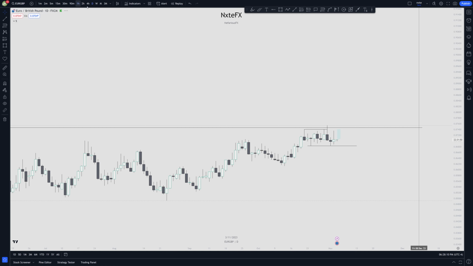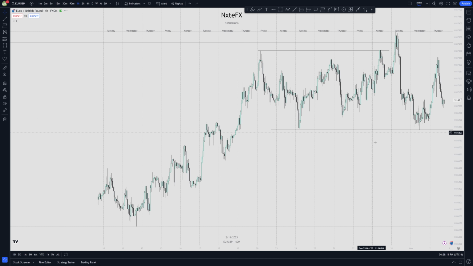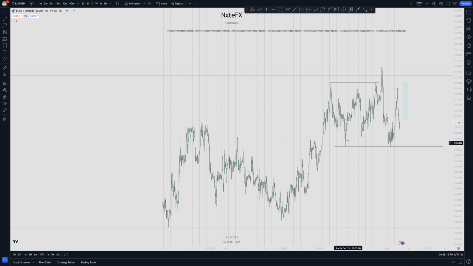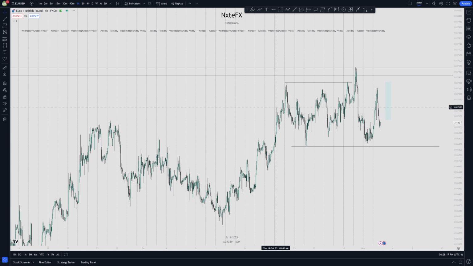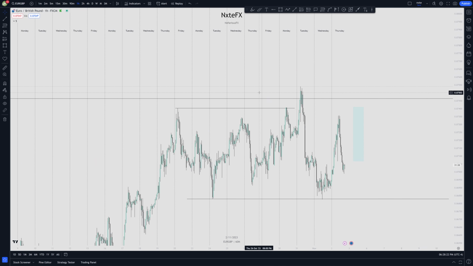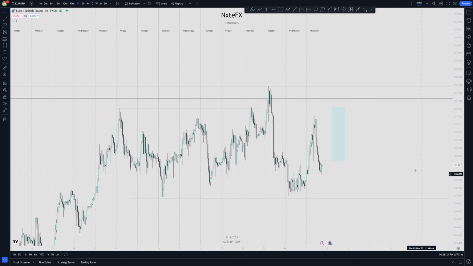So let's go to the 1 hour again. See how well it works? Again, that weekly fair value gap, we don't use it as an area of reversal, not always, but if it makes sense, it makes sense. So we've reached our target. Where is our next target? Our next target is that weekly fair value gap below us.